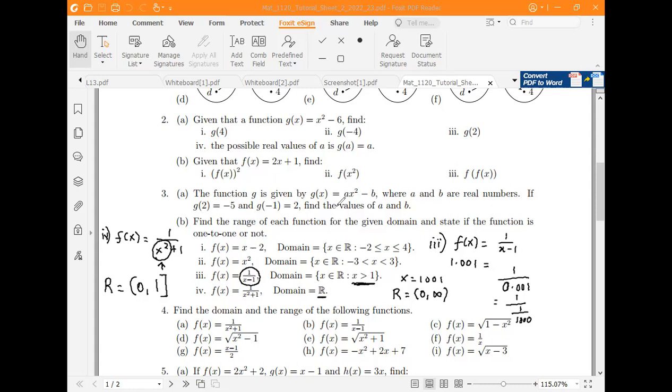So our whole class tomorrow will be centered on how to find the domain and the range of different functions, including the test papers. But for now, you do that part. And encourage others to join, so they're not left behind.